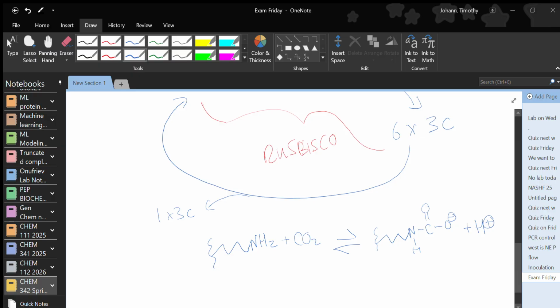And this is important in terms of regulation of rubisco. This carbamate coordinates magnesium. When I say coordinates, it's holding it in the active site.